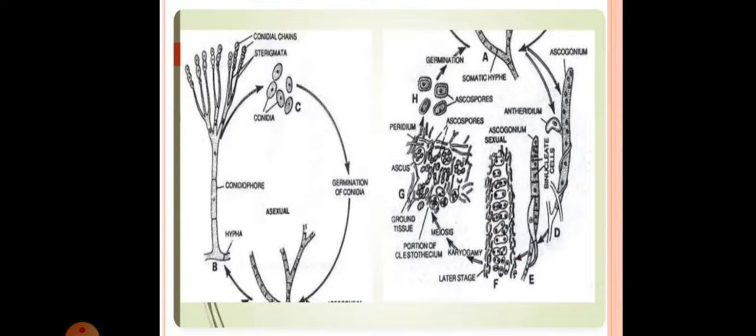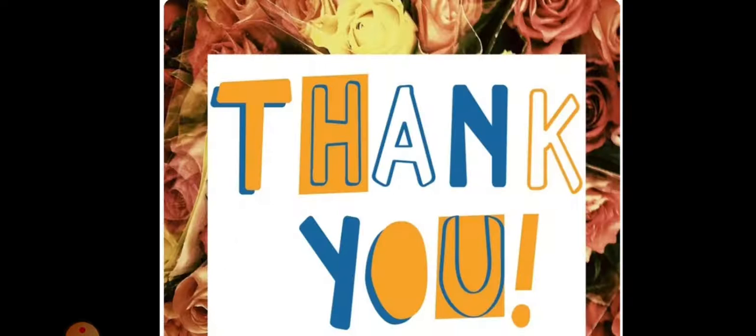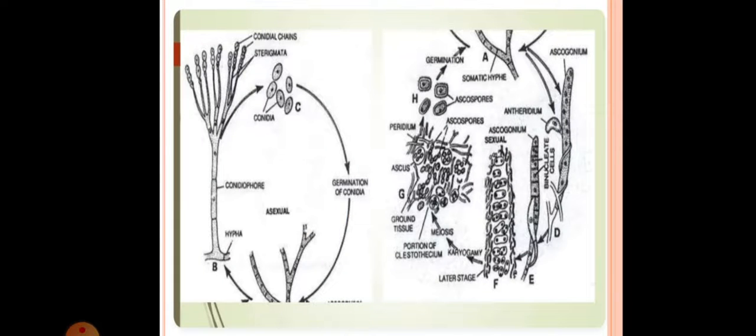Then the cleistothecium contains the ascospores present inside, and this single ascus can produce ascospores, and when they germinate, it will produce the somatic type of hyphae, and the new mycelium of Penicillium will be produced. This is about the life cycle of Penicillium.